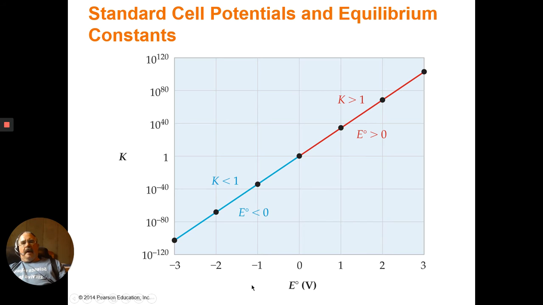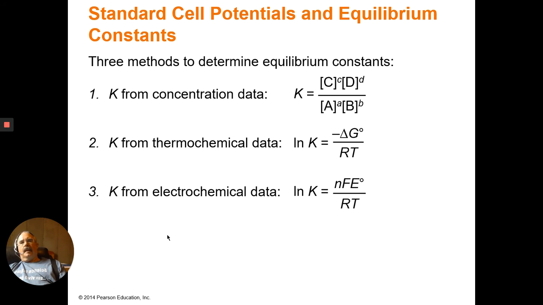Okay, down here we have negative voltages, which mean non-spontaneous processes, and the equilibrium constants are very small. All right, so equilibrium constants can be calculated from concentration data. They can be calculated from thermochemical data, as shown here, and they can be calculated from electrochemical data.